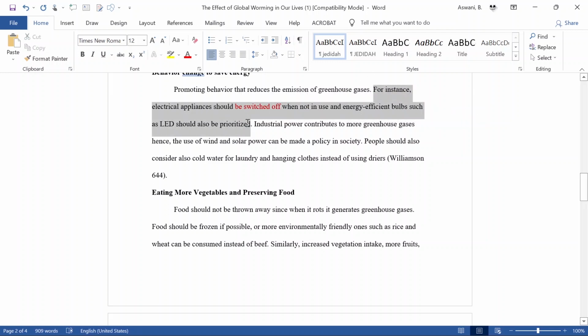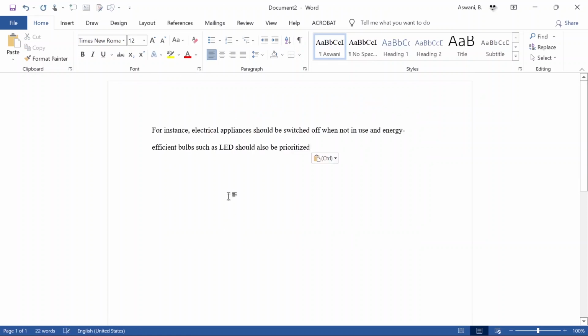So the best way to rewrite this sentence, let me just isolate it: "For instance, people should switch off electric appliances when not in use and prioritize efficient bulbs like LEDs."